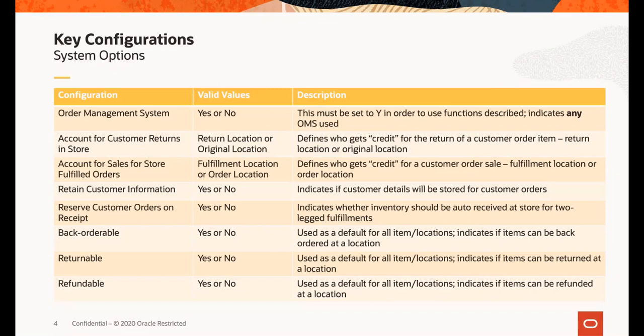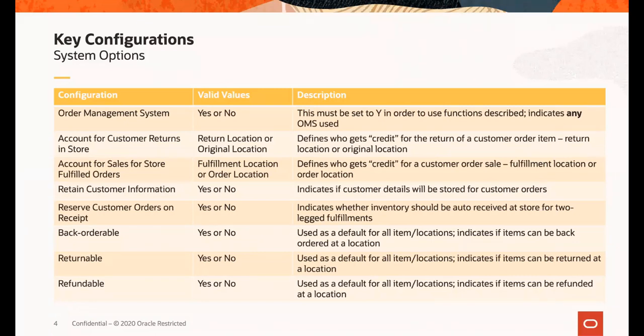Back order, returnable, and refundable are also new system options, but they actually relate to item loc trait options that we've had for some time within merchandising. And we added system options here to be a default. So item loc traits aren't something that necessarily are always set up for every item, but especially with the importance of knowing if something can be back ordered, and really the returnable and refundable flags as well.